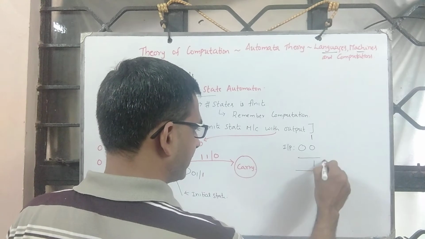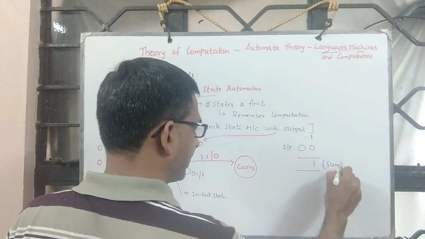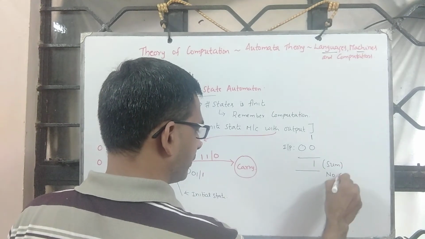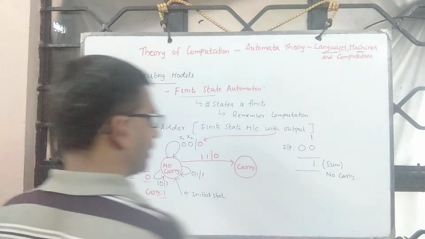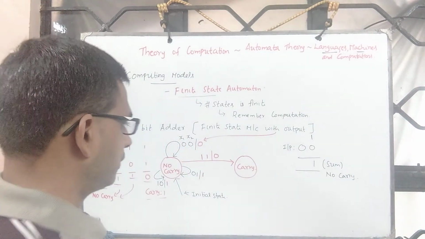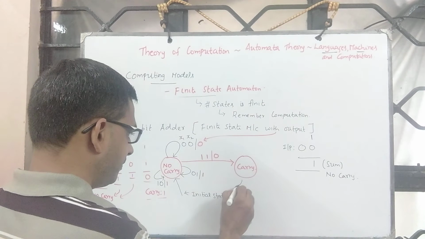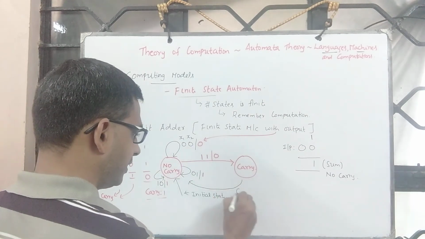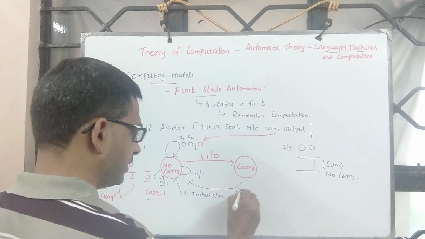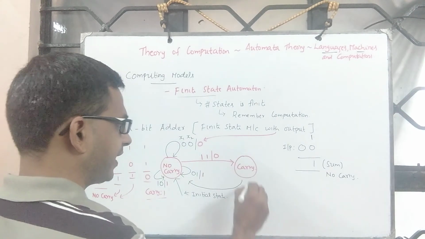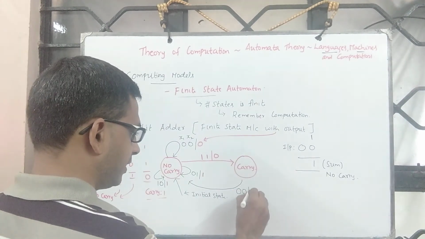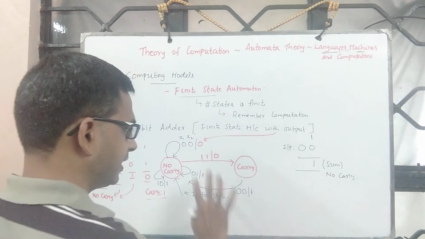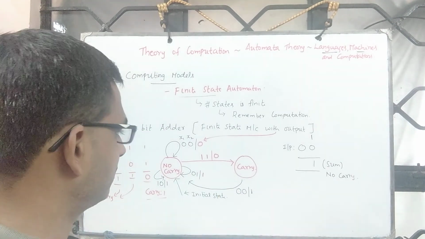So you get to see that sum is 1 and there is no carry. So when you receive the input 0, 0 and you already have a carry, sum is 1 and there is no carry from this.